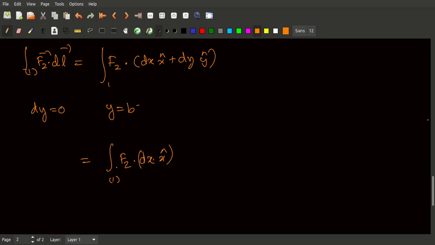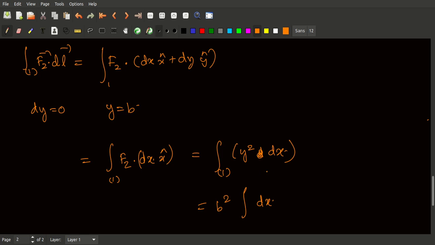Now only the x component of f2 will be contributing, so that is simply equal to 1 into y² dx. Now what is y² here? y is equal to b there, so that is simply b² into the integral of dx. This dx is taking values from minus a to a, right?